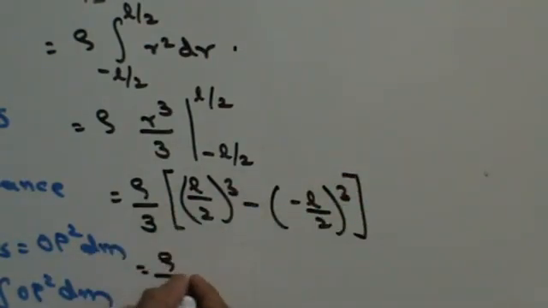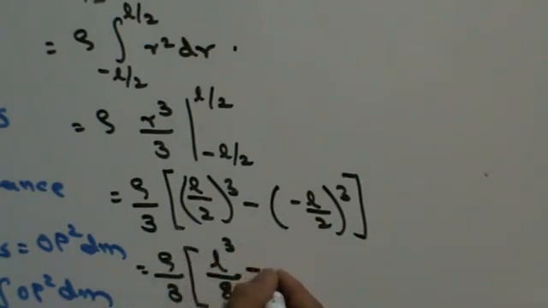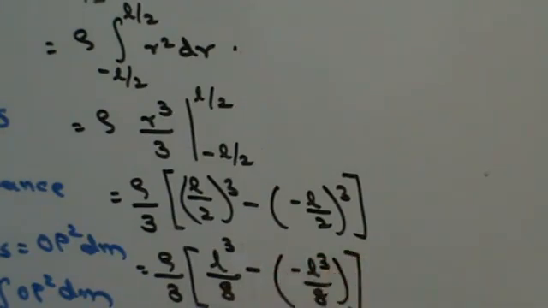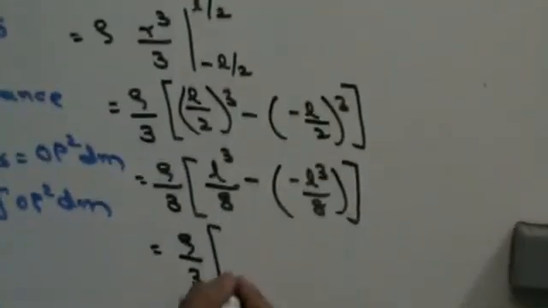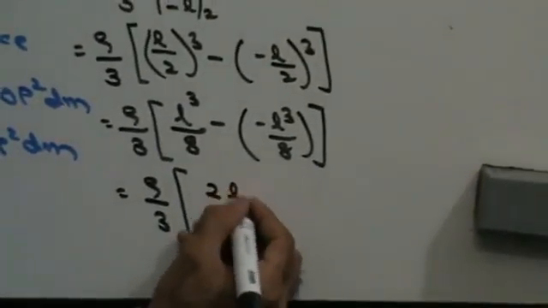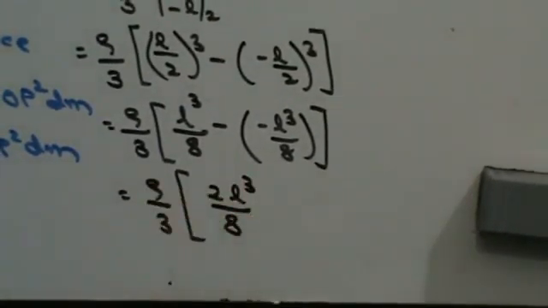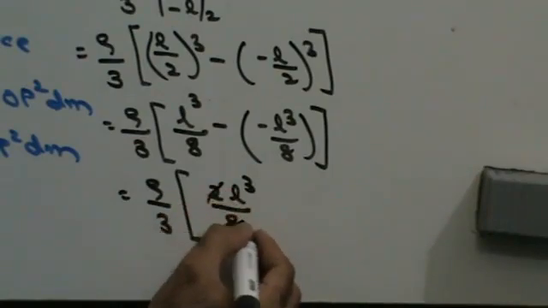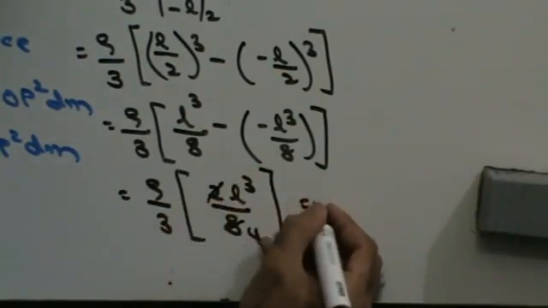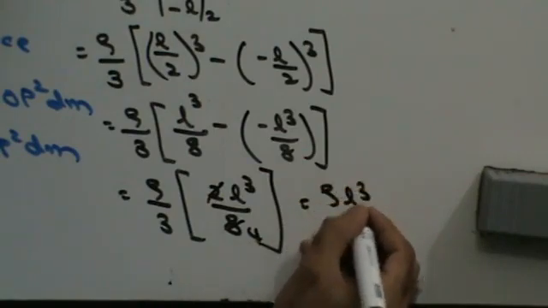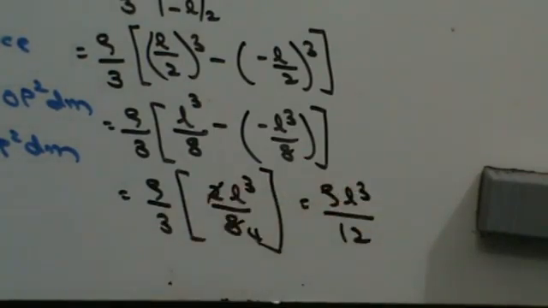So this is going to be rho by 3 L cube by 8 minus minus L cube by 8, right? So this is going to be nothing but rho by 3, this is L cube plus L cube, 2L cube by 8, right? So this is going to be rho L cube by 12.